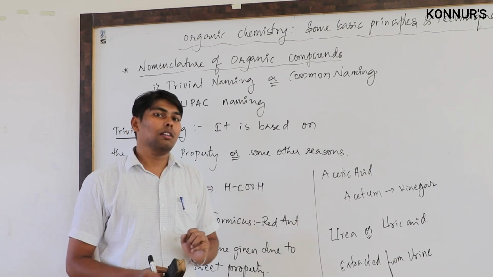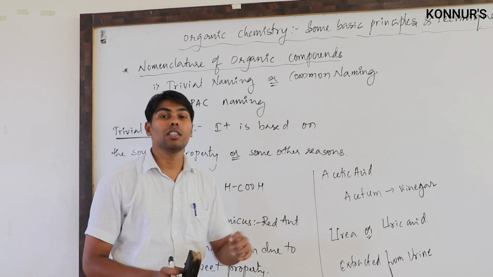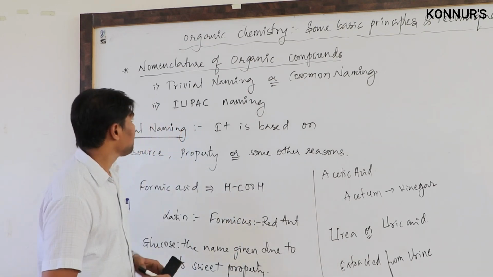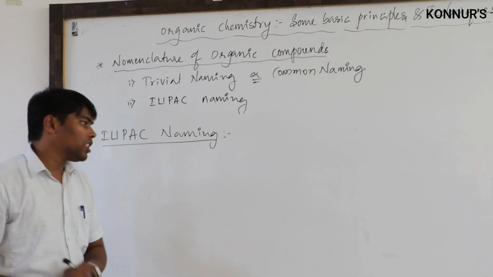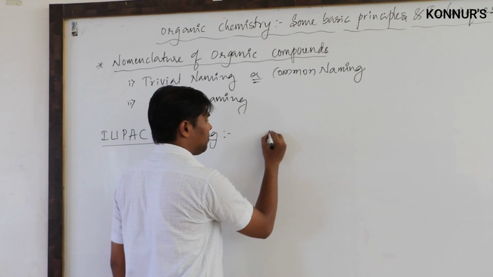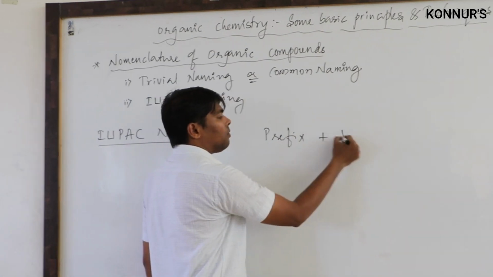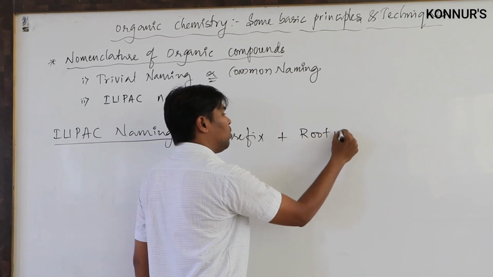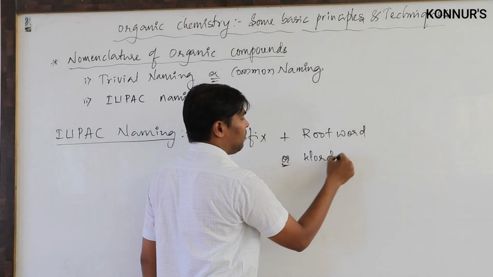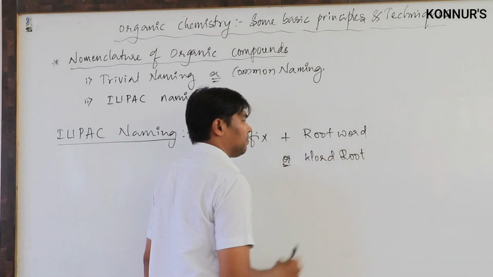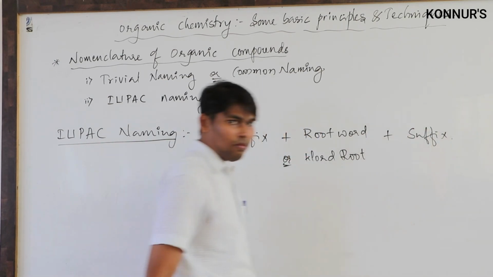The only naming which has rules, that the given compound should be named like this systematically, is the IUPAC naming. IUPAC name contains three main principal parts. They are prefix, then comes a root word or word root, then comes suffix.